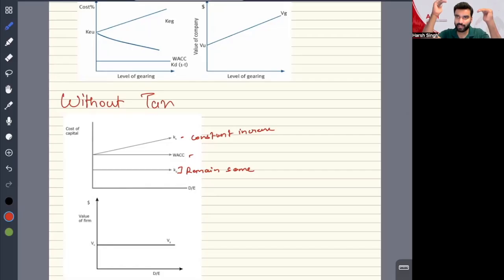So overall, your WACC is constant, due to which the value of your firm is same. There is no change in the value of your business. Okay, there is no change in the value of your business. This is the theory without tax, everyone. They won't be testing you to come and solve any particular question, everyone.